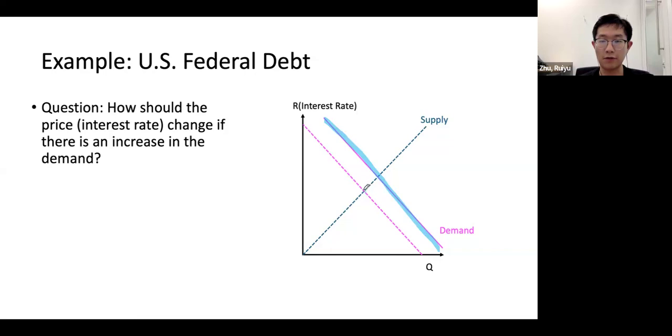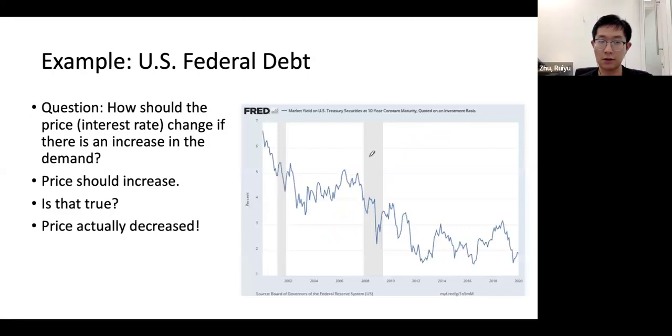Right, so we go from this equilibrium up to here. So we should see an increase in price or increase in interest rate. That's our theory or model, right? But is that true actually? The answer is no.